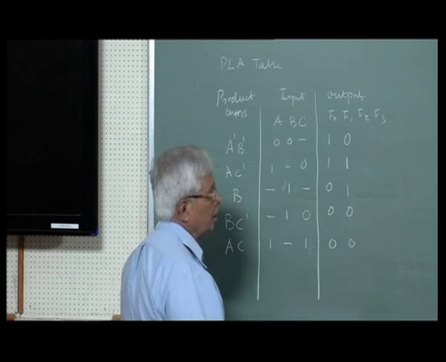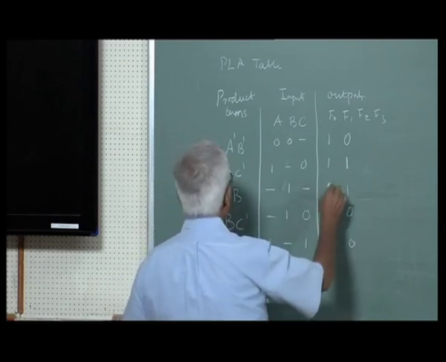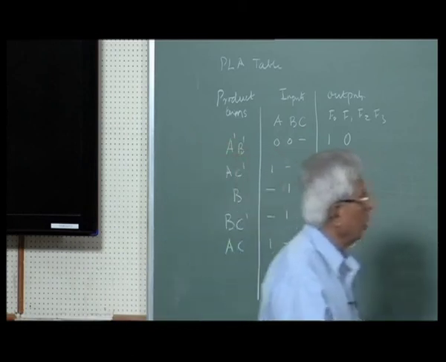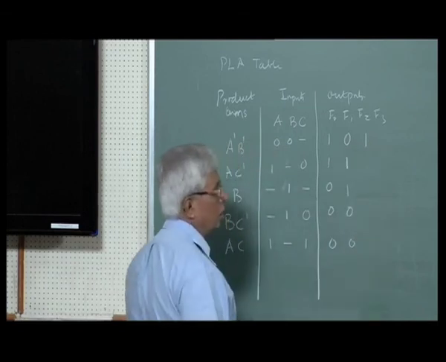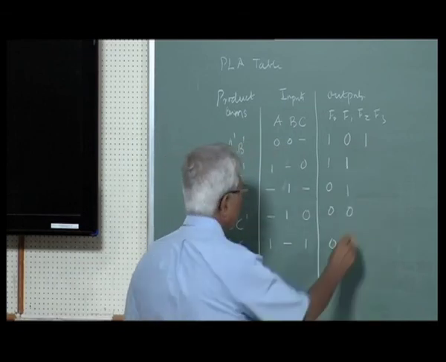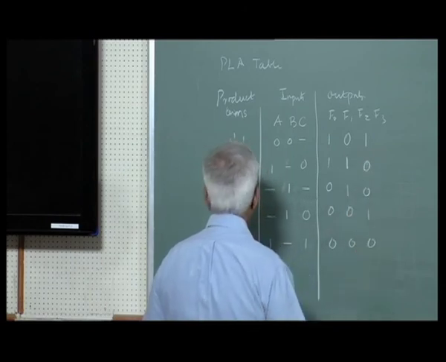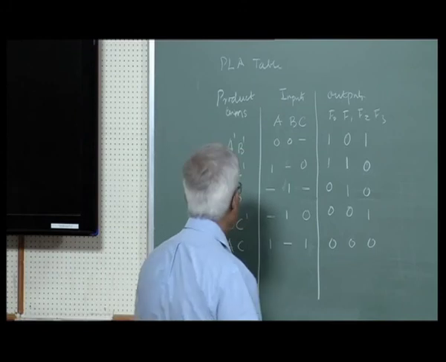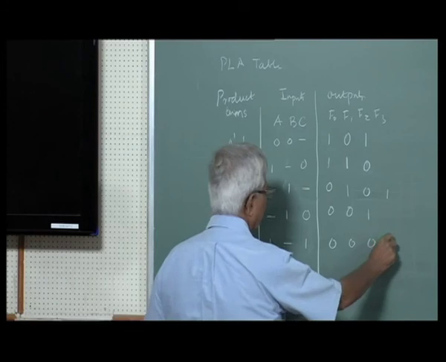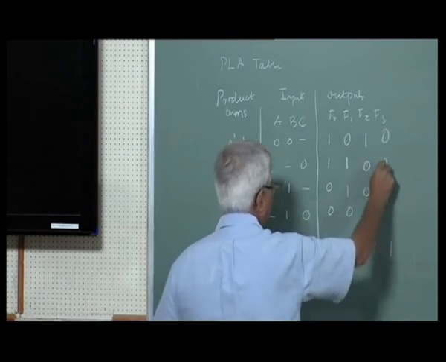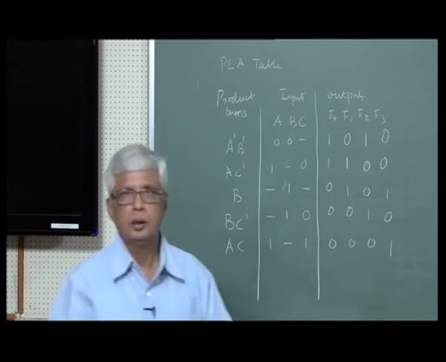F2 would be A bar B, A bar B bar, BC bar, rest are not there. F3 would be B, AC. Rest are not there. This is called the PLA table.